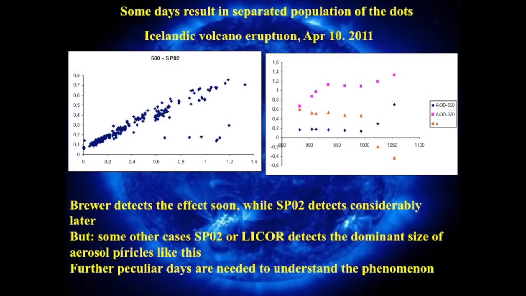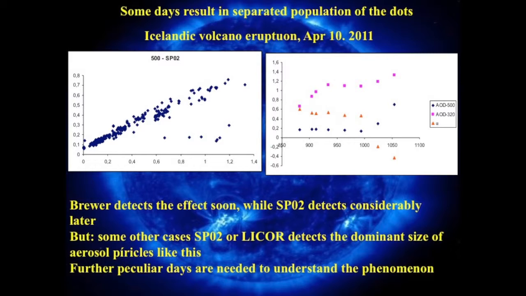But it is expected, it is not surprising, because the variability of the aerosol optical depth for the longest wavelength is very low. So if we have a higher variability at the shorter wavelengths, we didn't get significant variability in the longest wavelength. It is the result of the physical background, so not so surprising.